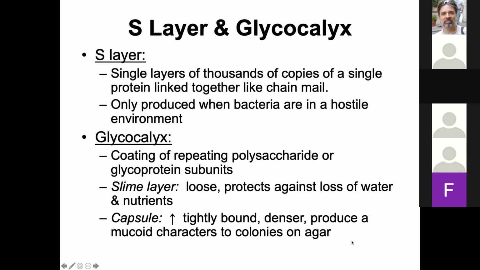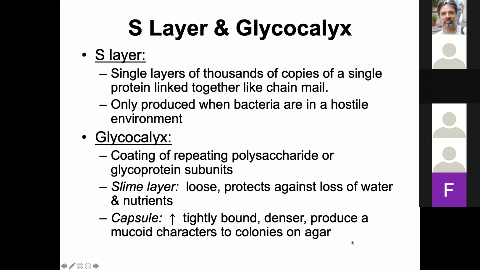And the capsule is tightly bound and denser and produces mucoid characteristics on agar, and can also provide protection against immunity. Okay, so the slime layer and the capsule are kind of like armor against attack.